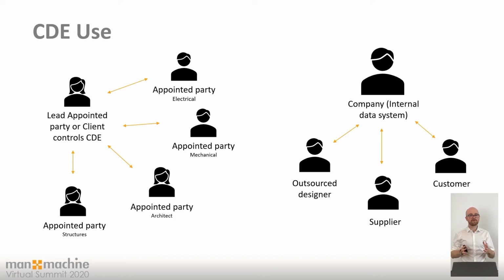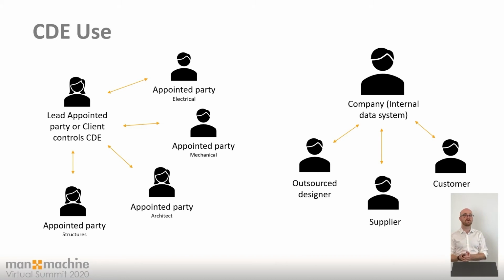And in terms of common data environment use, there is a common conception that a common data environment is for perhaps someone like a tier 1 contractor to use with lots of different disciplines. But in Guidance C, in the ISO 19650 guidance, you'll find that it's not just for tier 1s, it's for organizing data all over the construction industry.